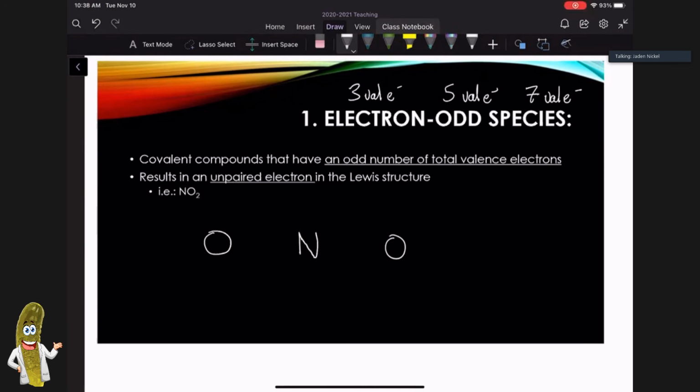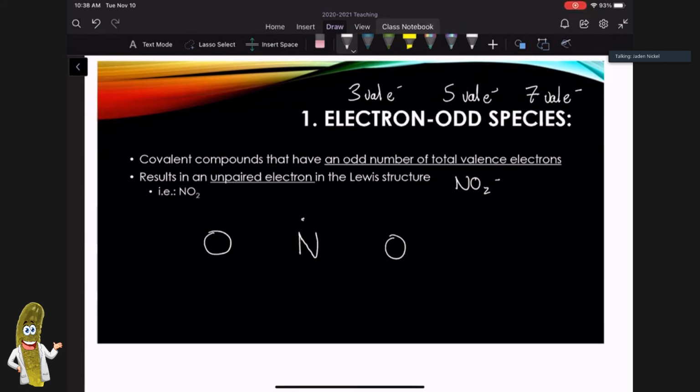If you've been doing chemistry for a long period of time, you'll know that most of the time NO2 has a negative charge. It is possible, however, that NO2 does not have a negative charge. There is a potential scenario where that exists. Here's what that one looks like.